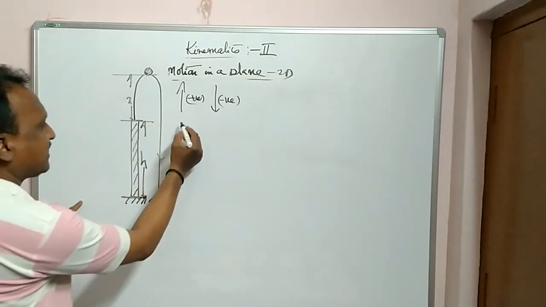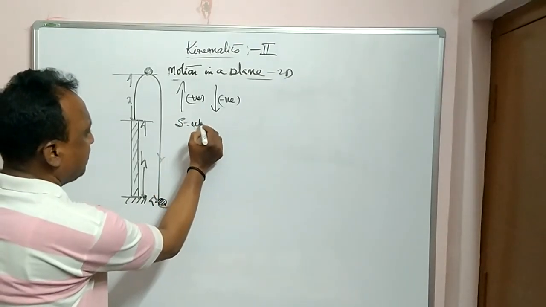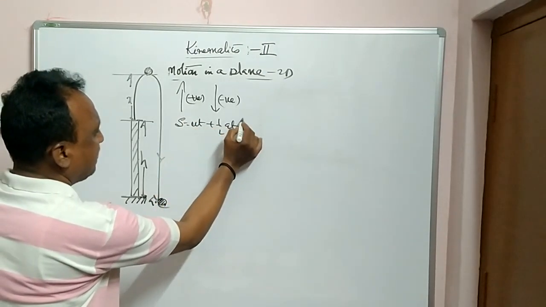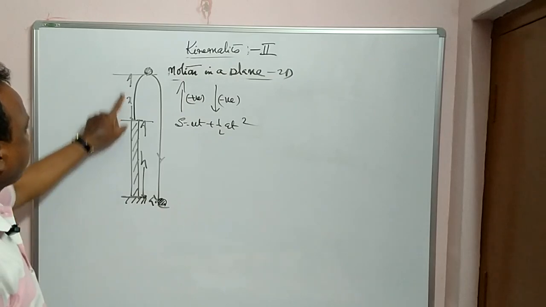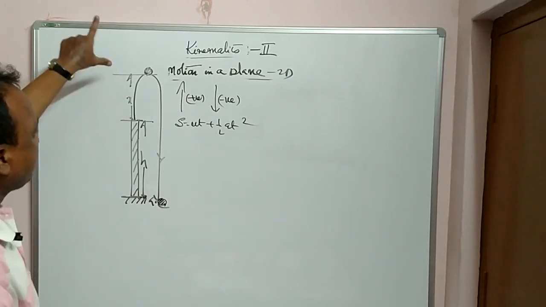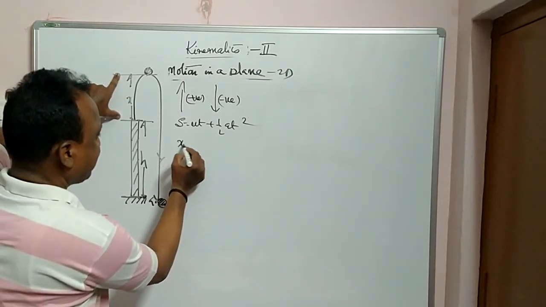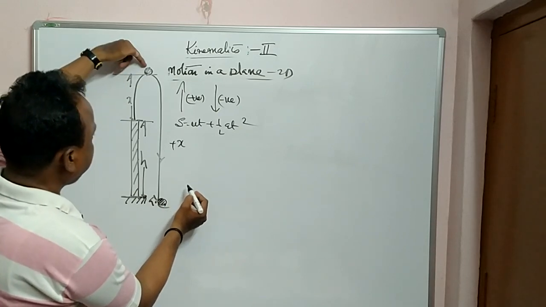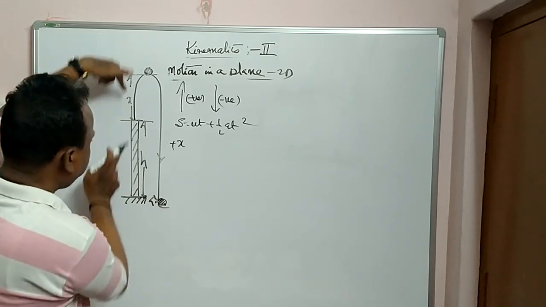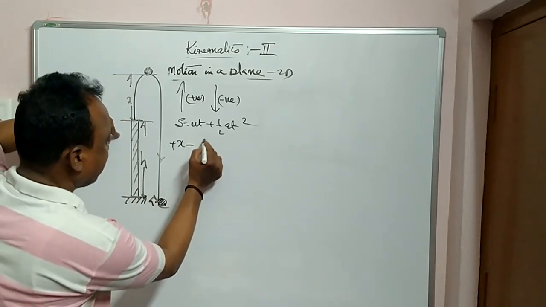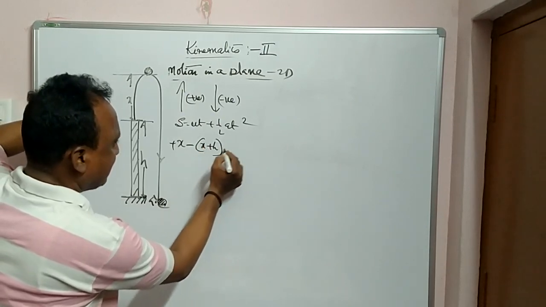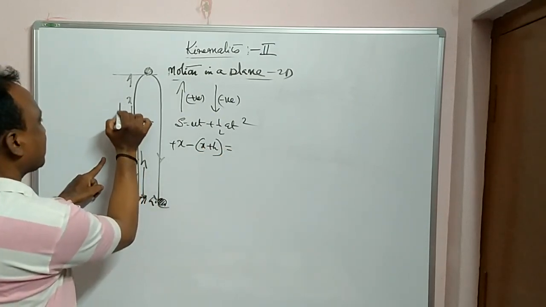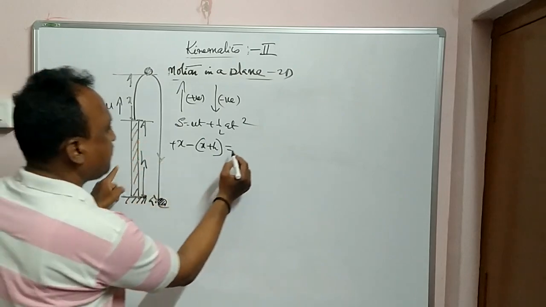Now I will use the famous equation s is equal to ut plus half at square. Upward journey means the distance travelled vertically is plus x. Again after reaching there it is coming down, how much? x plus h. That means downward journey is minus, equal to, let the projection velocity be u, upward taken as positive.